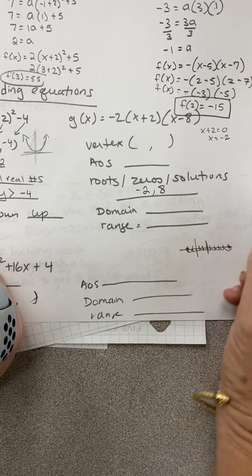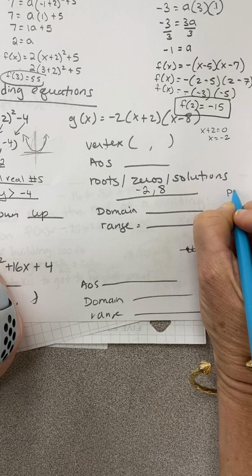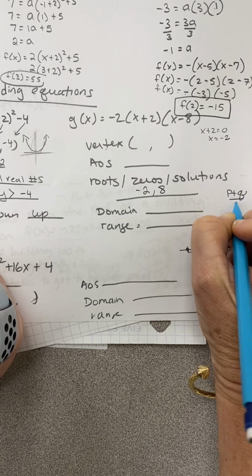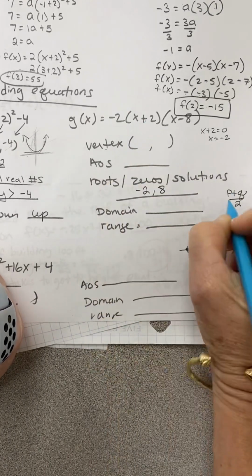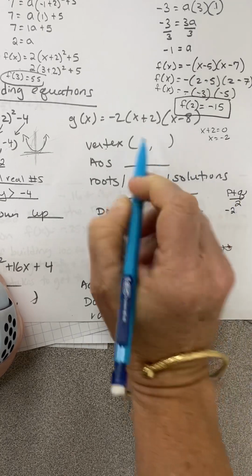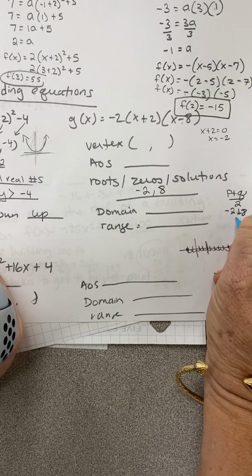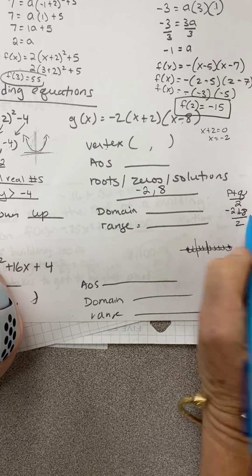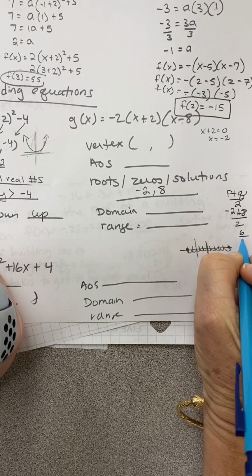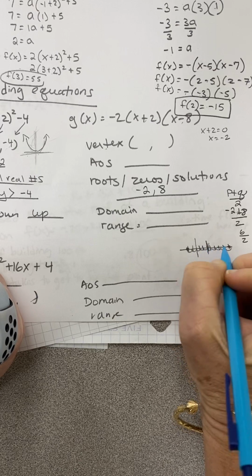Or you can do p plus q over 2. P is -2 and q is 8, so 6 over 2, which is 3. So we got the same answer either way.